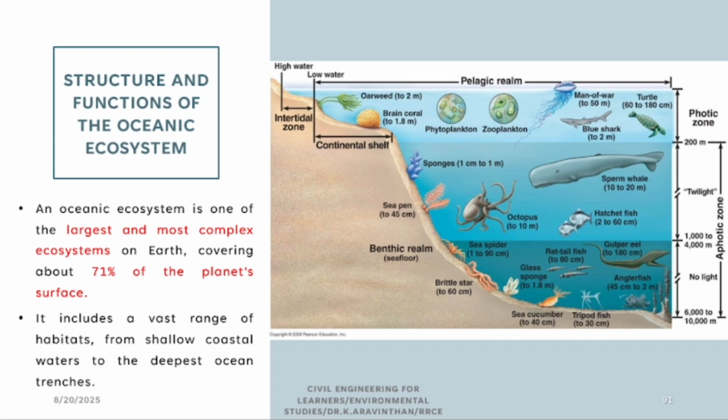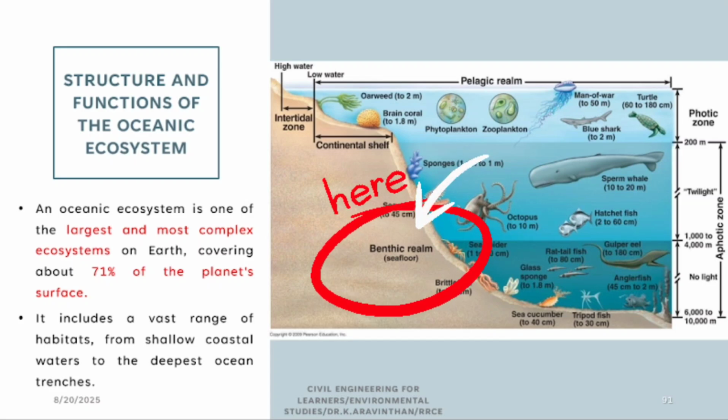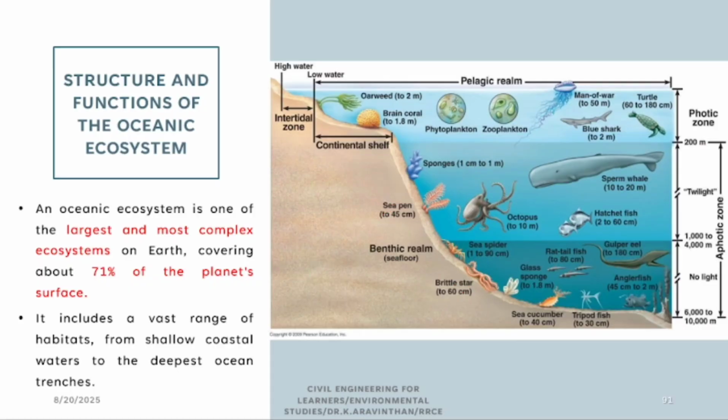If you want to see octopus, you have to dive deep to the twilight zone. It is available at 200 to 1000 meters. If you dive deeper, from 1000 to 4000 meters, you can see different species called sea spider and brittle star, etc. This is called the benthic zone of the ocean.